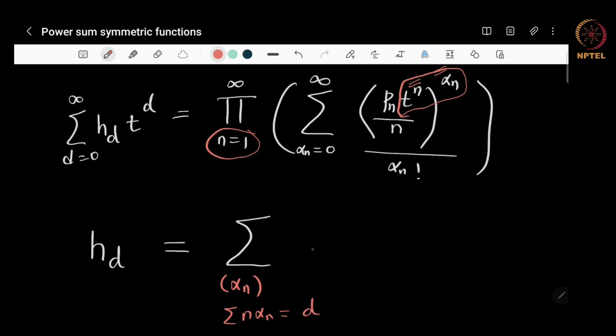Now, once I do that, what's the coefficient that I get? There are two such numbers on the bottom. Firstly, for each n, I've got n power alpha n factorial, and the product over all such terms, a product over all n's.